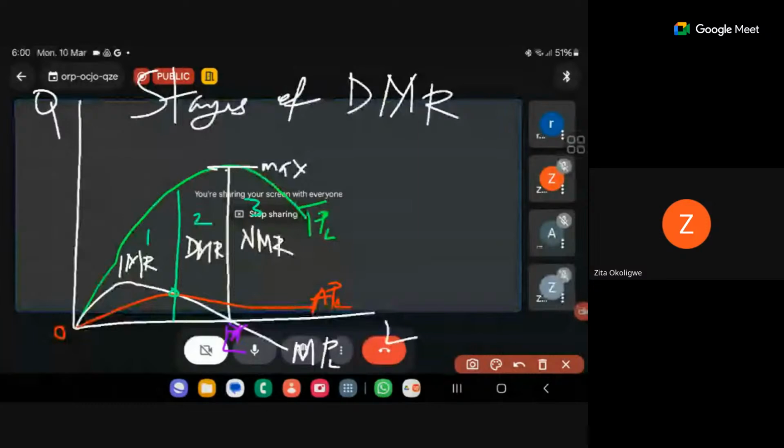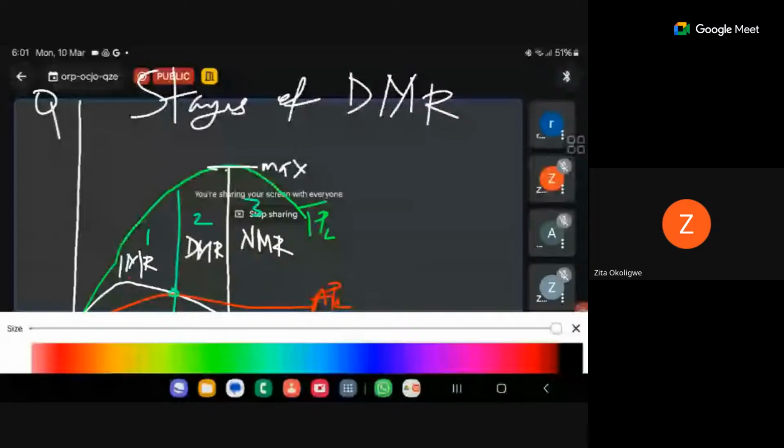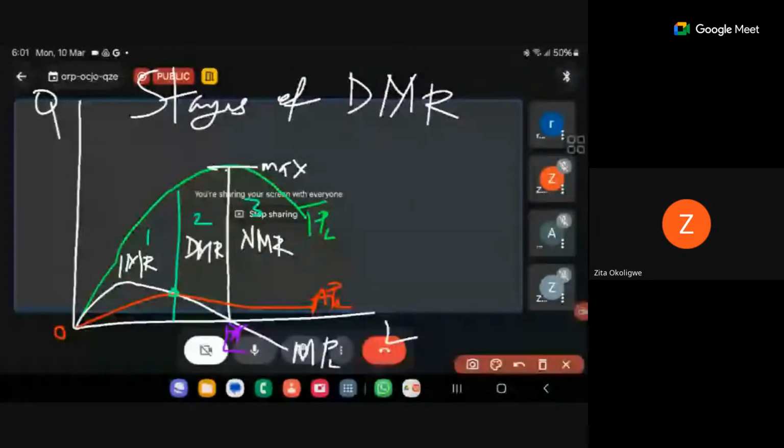It's okay now. So for the first point, I said total product will start rising at a low speed when MP starts falling. I'm trying to use a purple line to explain that same thing on the graph. TP will rise at high speed in the region where MP is still rising.